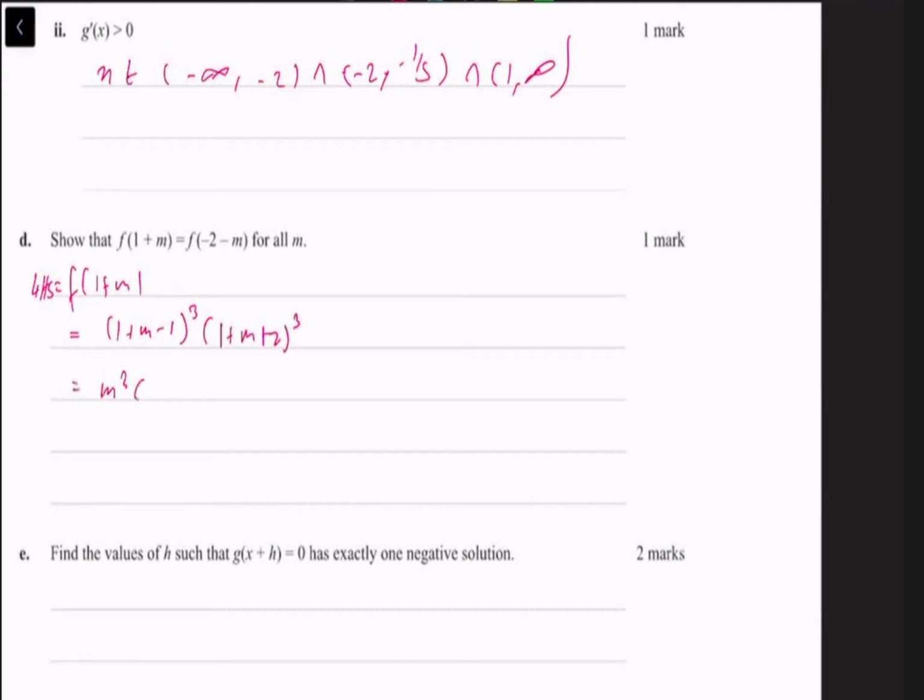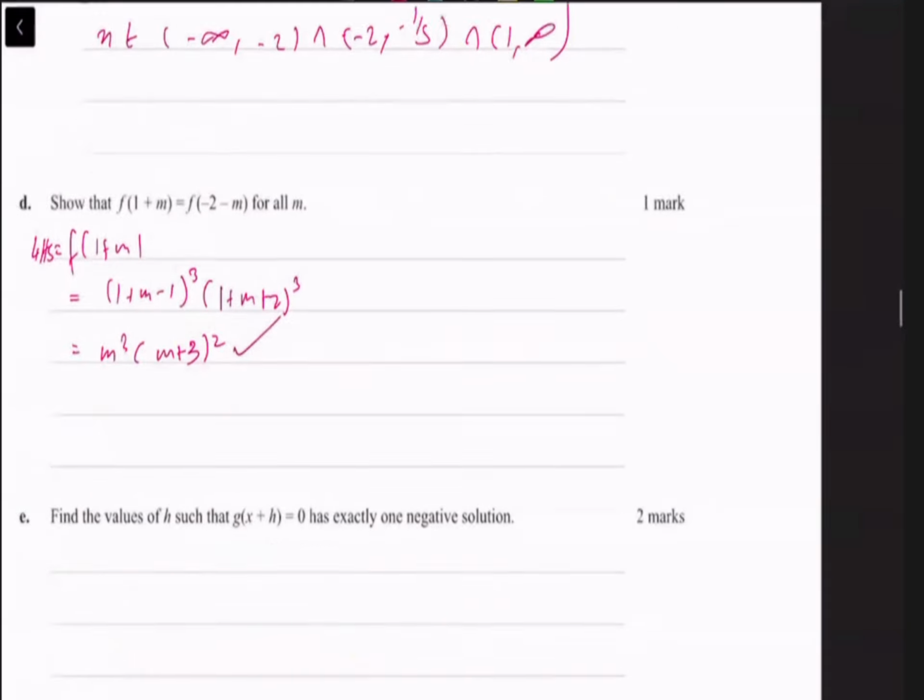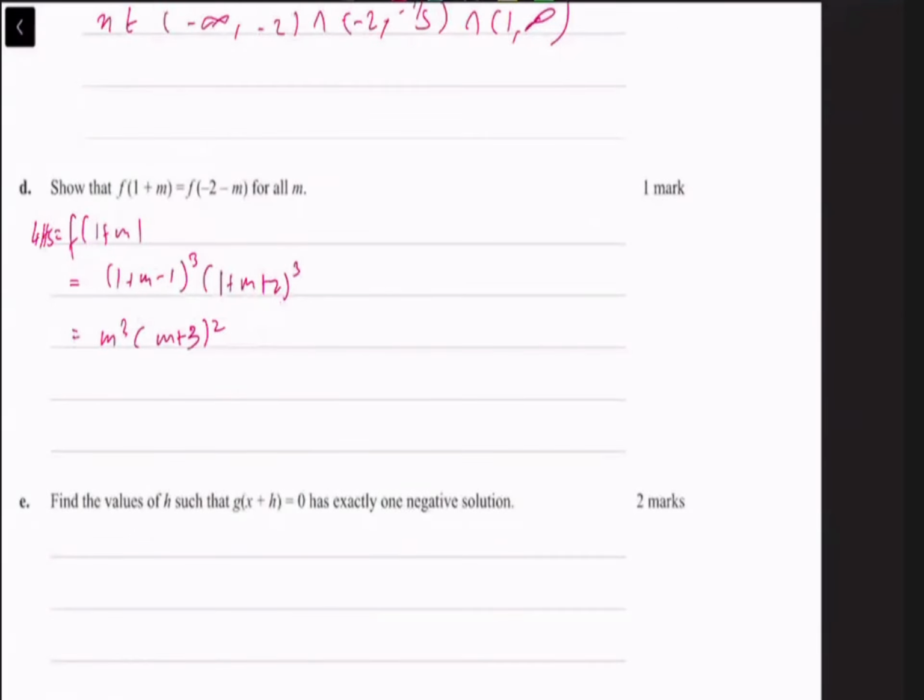So m to the 3 plus 3 to the 2. You don't have to expand this because you'll see when you do the other side that you actually get to the same step. But since you probably wouldn't know that beforehand, you could expand it. So 9 and 5 plus 27 and 4. Yeah, so don't expand it by hand, just put it into CAS.